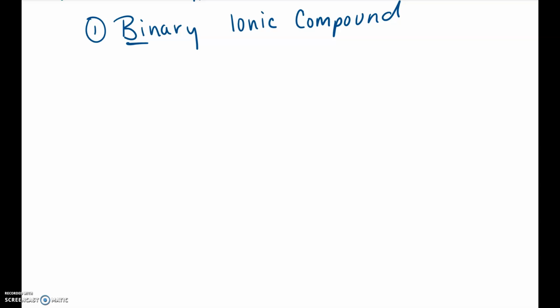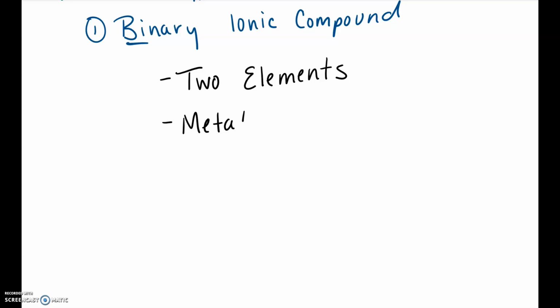So the prefix bi means two, and so a binary ionic compound consists of two elements. And these two elements are a metal and a nonmetal. Okay, so those are binary ionic compounds.